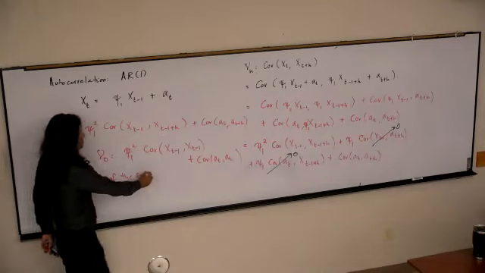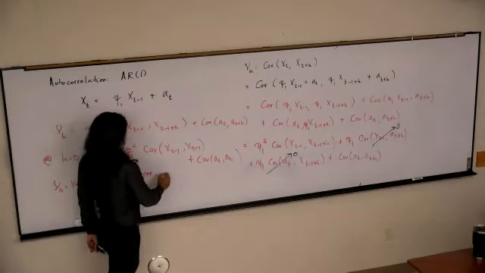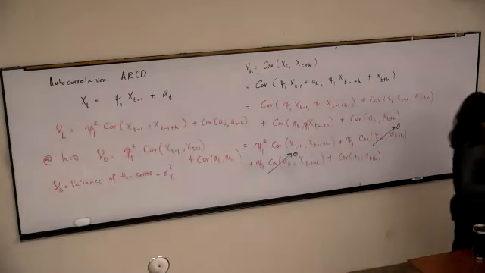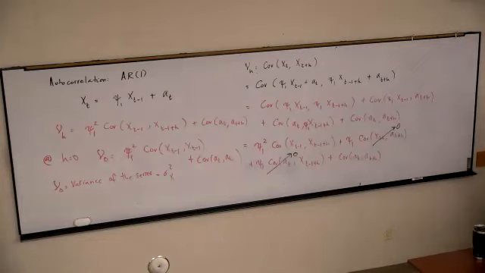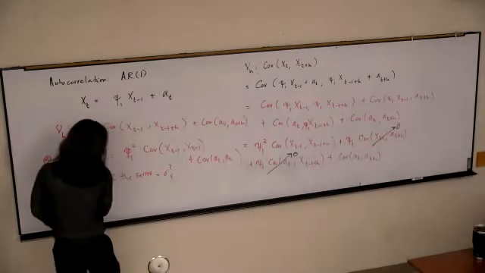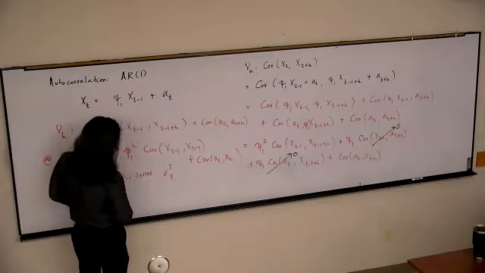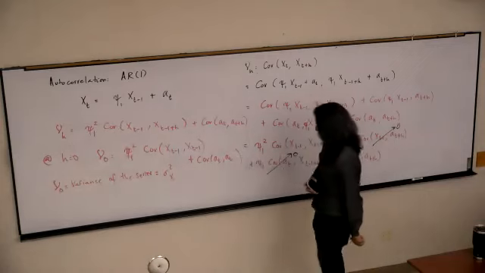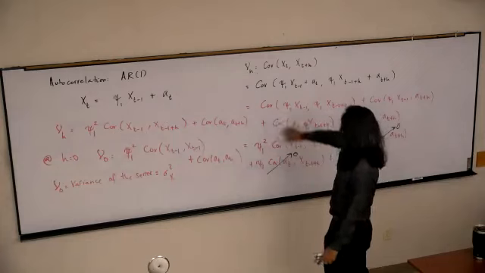Can I call it sigma squared sub x? Maybe I'm just nitpicking. Can I erase this part?